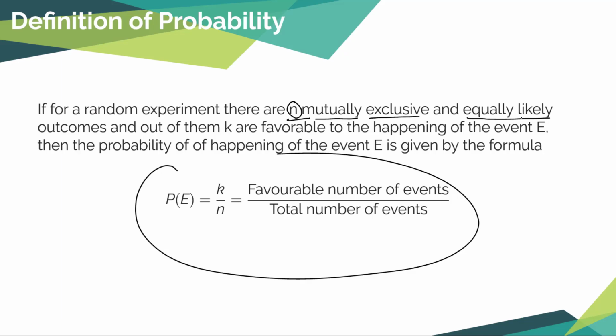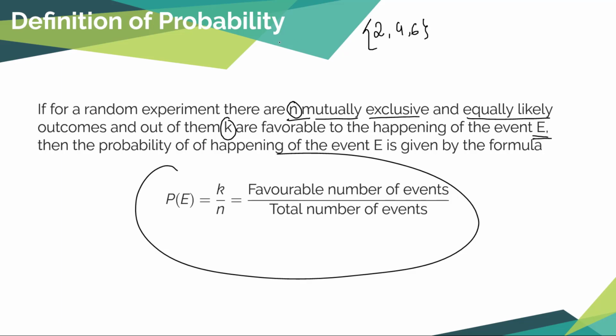That means all these n events have the same possibility of happening, right? And out of this, k are favorable for the happening of the event E. So the event, just like my prior example, suppose I am interested in even numbers 2, 4, 6, right?